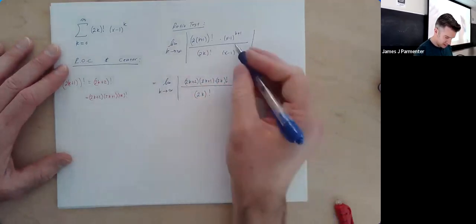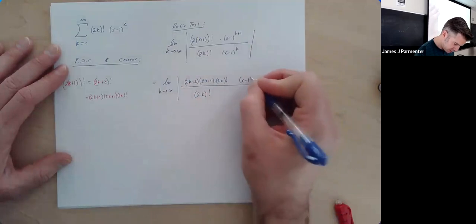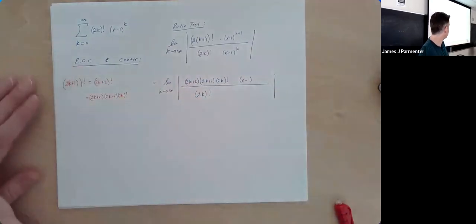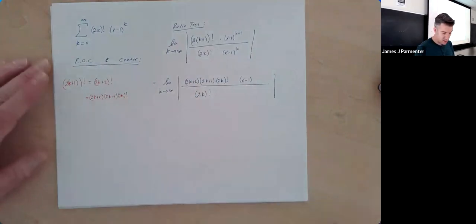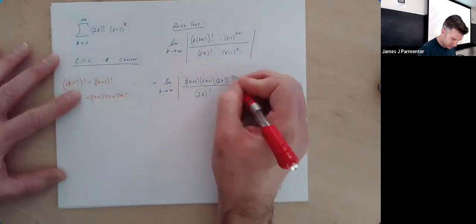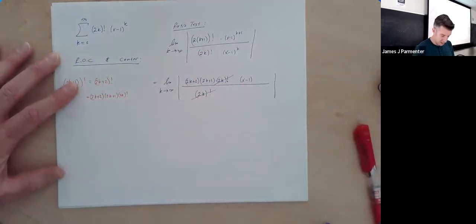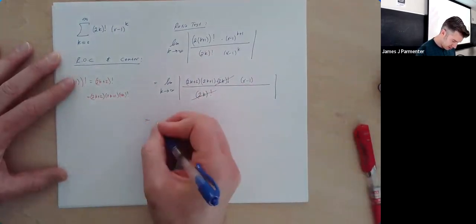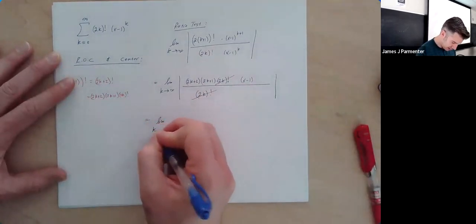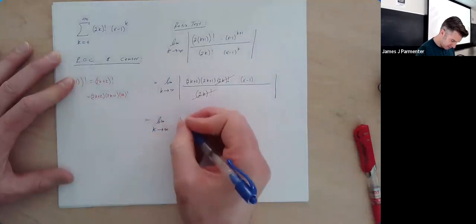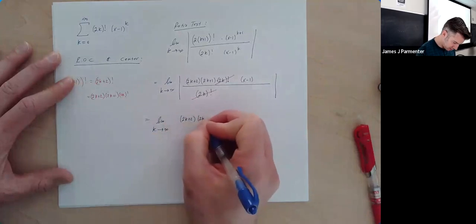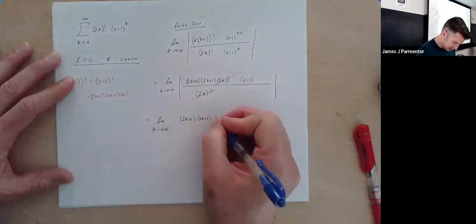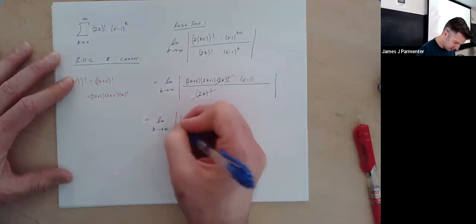I've also got an x minus 1 because the rest canceled out: x minus 1 to the k plus 1 over x minus 1 to the k. And then the 2k factorials cancel. I'm left with the limit as k goes to infinity of 2k plus 2 times 2k plus 1 times x minus 1, still in absolute value.